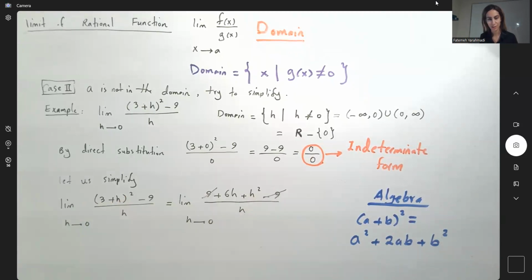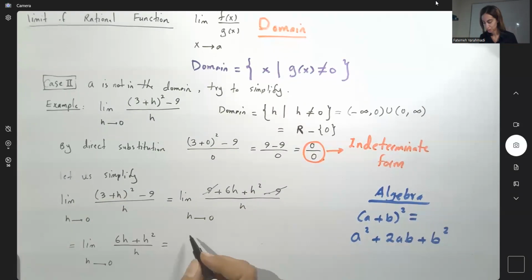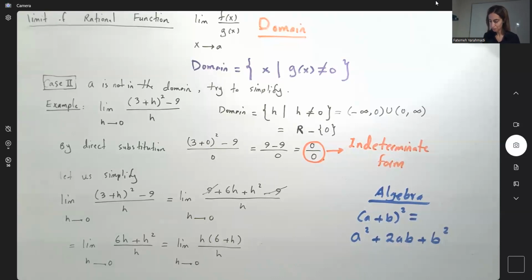9 minus 9 is 0, so you get the limit of 6 times h plus h squared, over h, as h goes to 0. You need to factor out h here. So you have the limit of h times (6 plus h), divided by h, as h goes to 0. Get rid of the common factor.